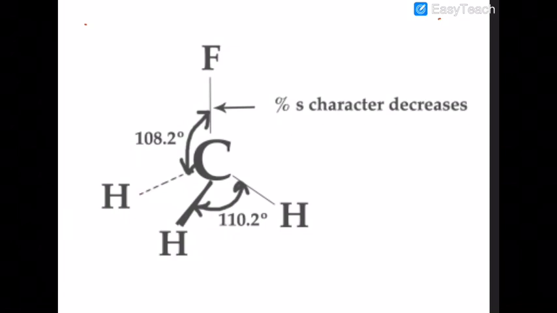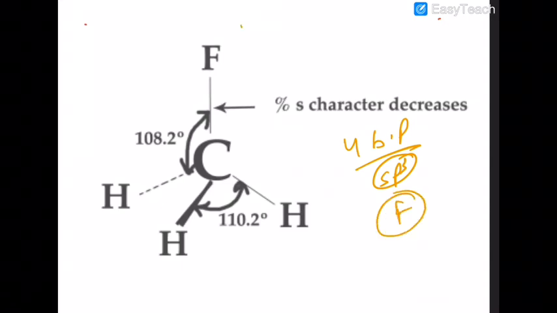Now take one more example, the 4 bond pair case, which is sp3. No lone pair is present, but in this case one of the atoms, fluorine, is more electronegative than the 3 hydrogens. When a more electronegative atom is present around the central atom, the electrons of the bond pair come closer to fluorine.